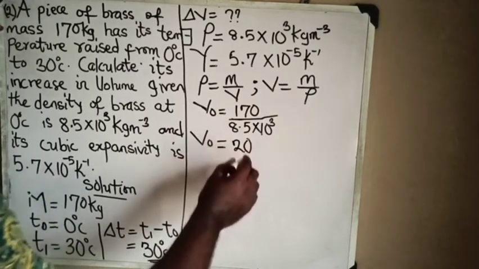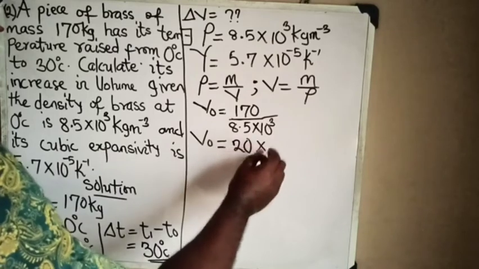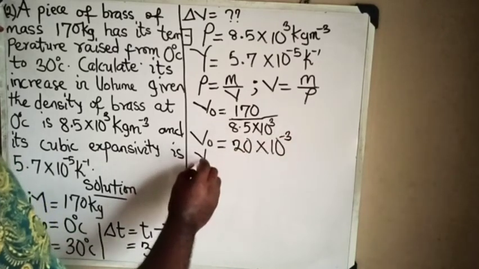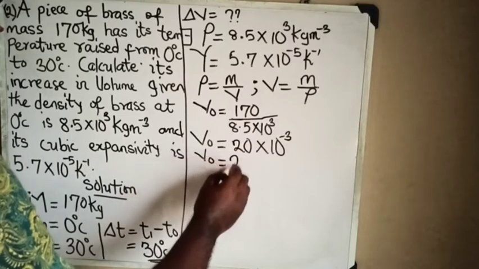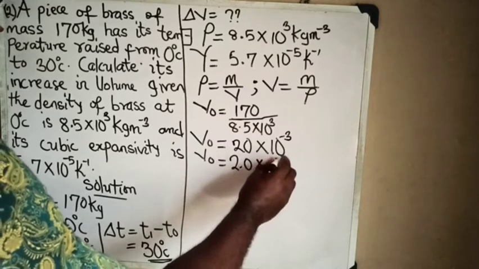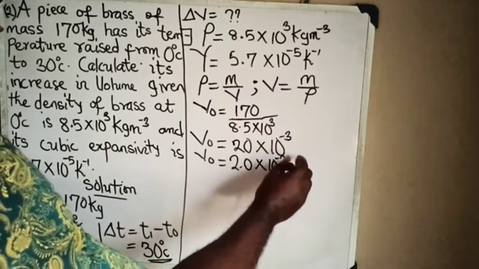And from the law of indices, this 10 to the power of 3 going up becomes 10 to the power of negative 3. And in standard form, that will give me 2.0 times 10 to the power of negative 2. That is the volume of the brass material.